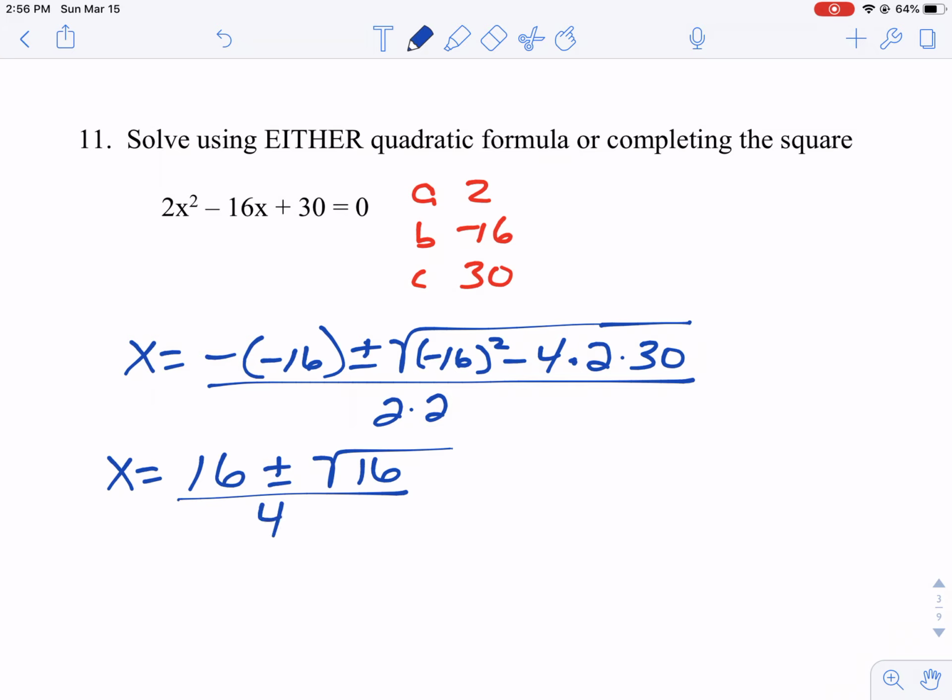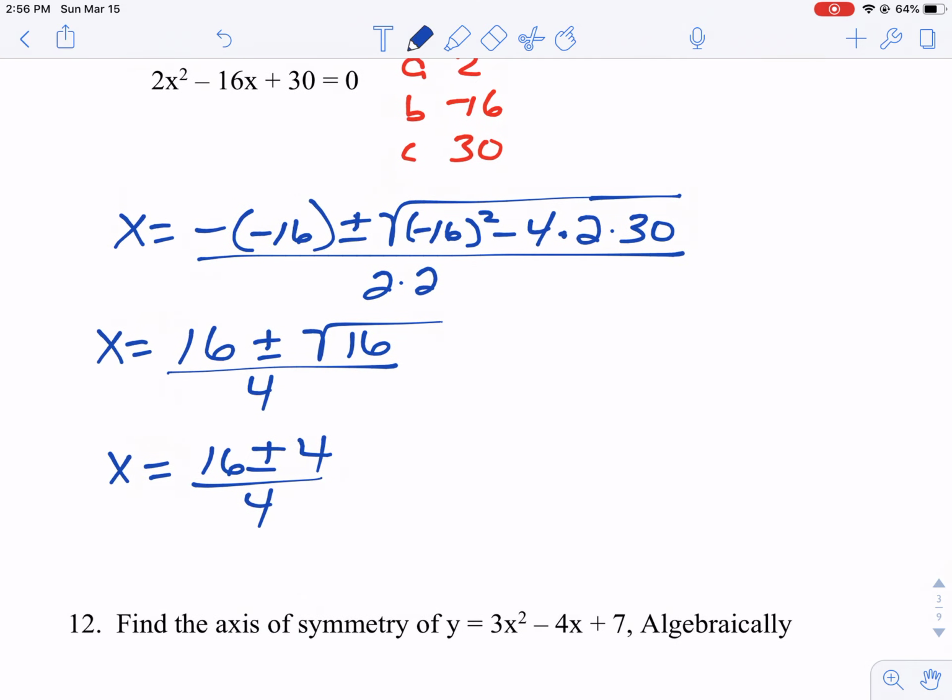All right, well, I know what the square root of 16 is, so I am going to change that to a positive negative. Square root of 16 is just 4. No more radical left. Now that I don't have any radicals, I need to actually separate these two and come up with some pretty numbers.